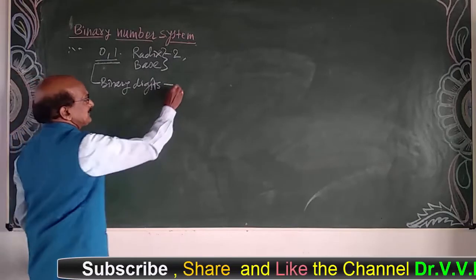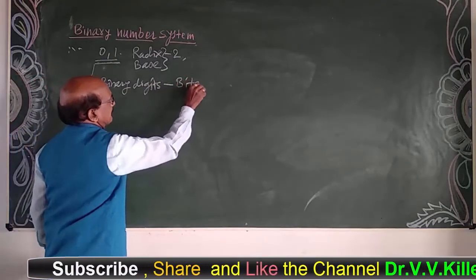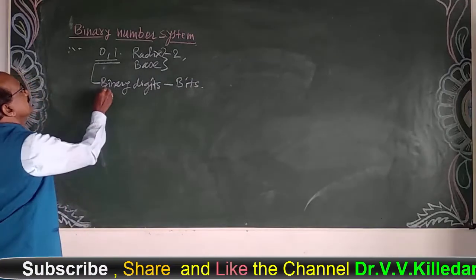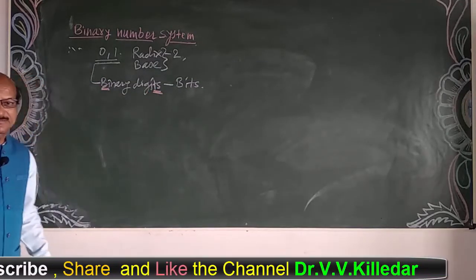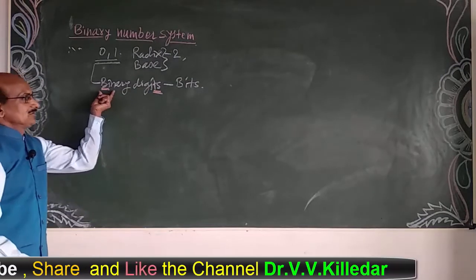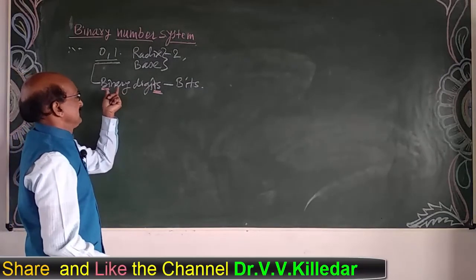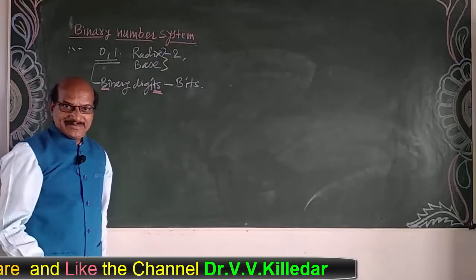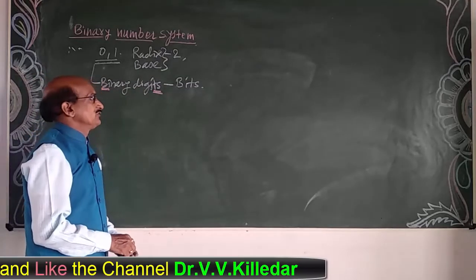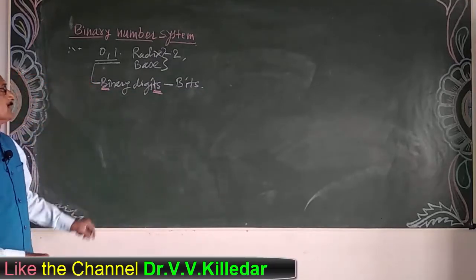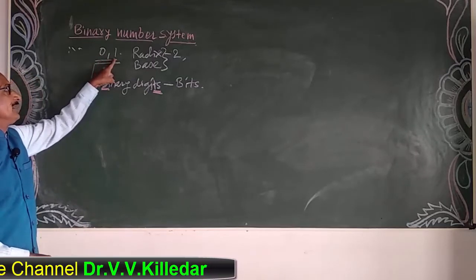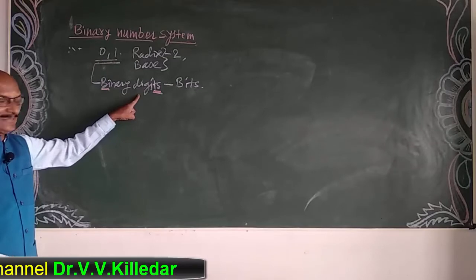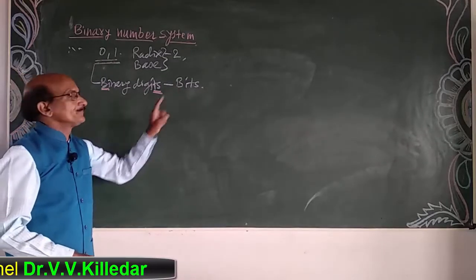We take bi from binary and ts from digits. In this way, we abbreviate binary digits as bits. Henceforth, when I use the word bits, it means the digits 0 and 1.